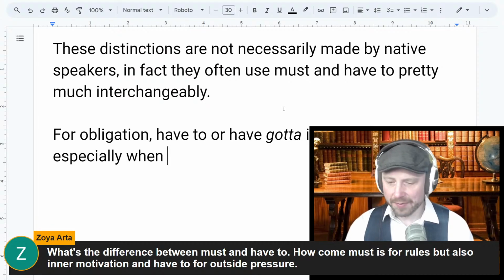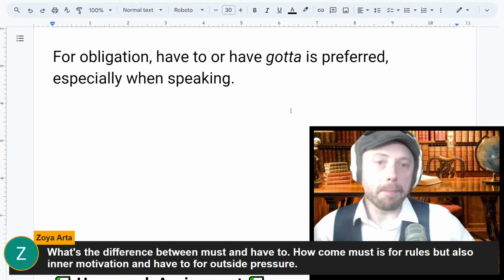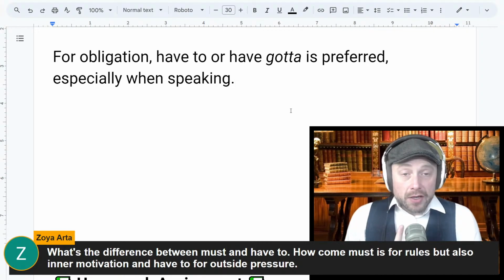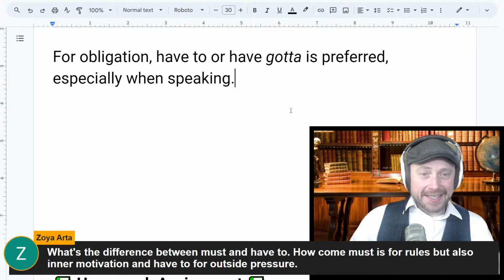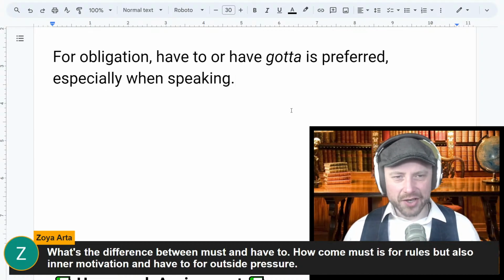especially when speaking. So I know there are these ideas about how must is an obligation from yourself. No, I must do it. I have to do it. He said, I must do it. He said, I have to do it. Little nuances like that.